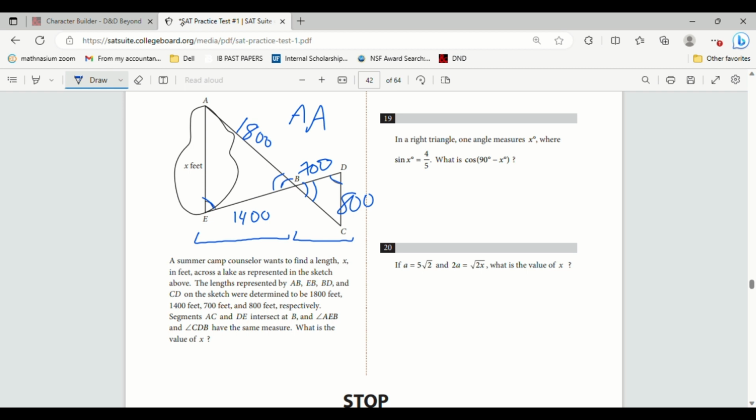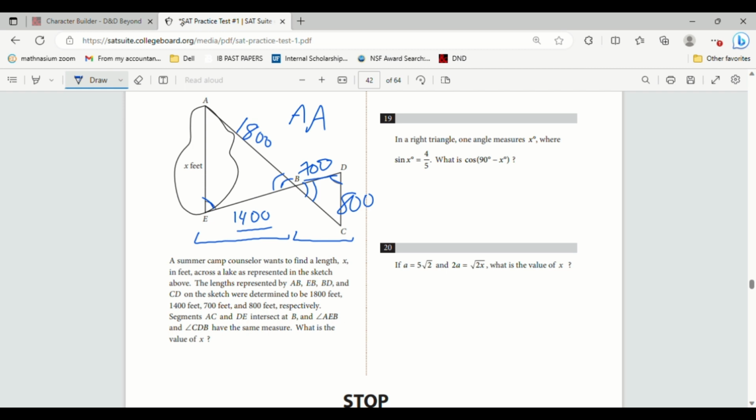And so what's immediately obvious is that EB is 1,400, but BD is 700. So that tells us that the ratio between any side length on the small triangle is half of that on the big triangle. And so what we can use to determine AE is figure out what is the similar side length on triangle BDC.